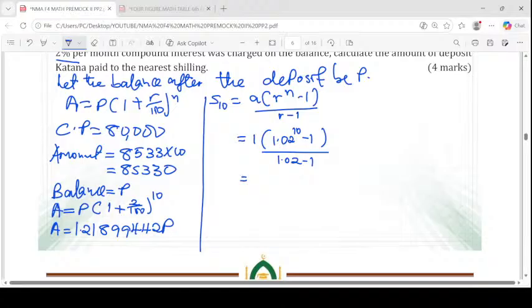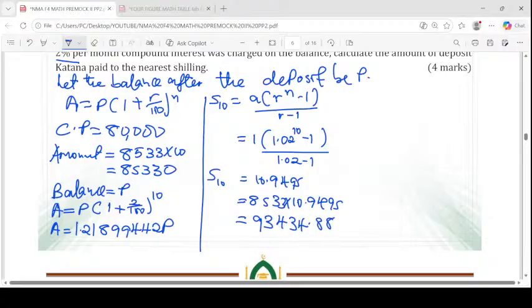Upon solving it, this is going to give you the sum of 10 terms, being equivalent to 10.9495. Therefore, the accumulated installments now will be 8533 times 10.9495 to give you 93,434.88 shillings.